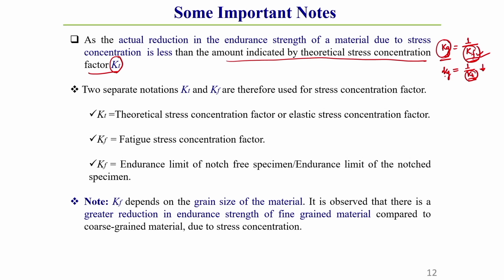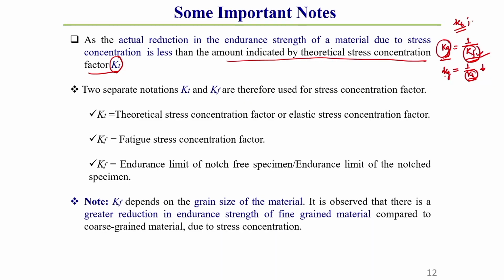So, that is why I have written that whatever stress concentration factor Kt we are getting, it is the highest stress concentration factor we are assuming. But for fatigue life calculation, it is observed that if you consider this highest value, the endurance strength you get is lower than in the actual case, where the endurance strength is a little bit higher.